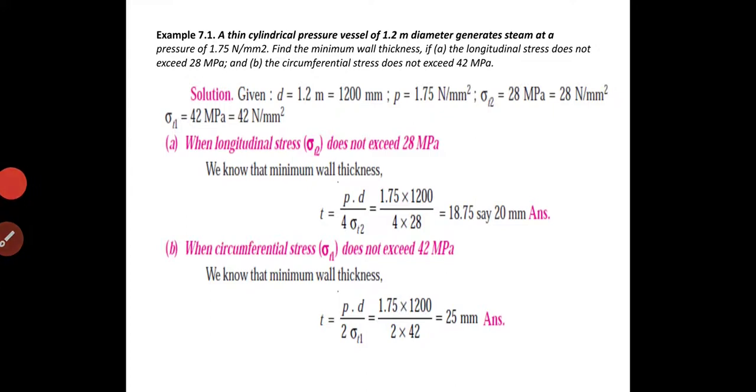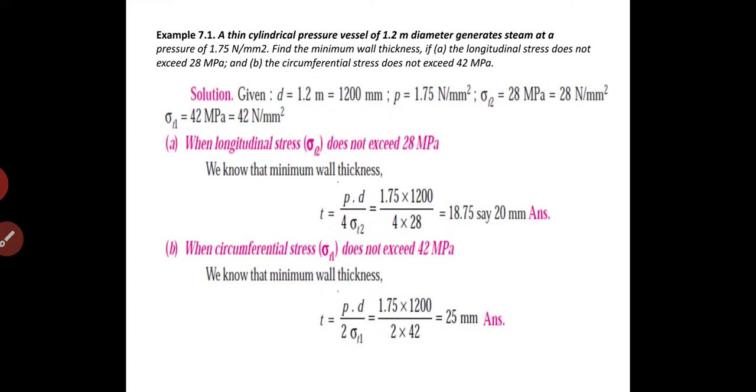Some examples. A thin cylindrical pressure vessel of 1.2 meter diameter generates steam at a pressure of 1.75 Newton per millimeter square. Find the minimum wall thickness if A, the longitudinal stress does not exceed 28 megapascal, and B, the circumferential stress does not exceed 42 megapascal.